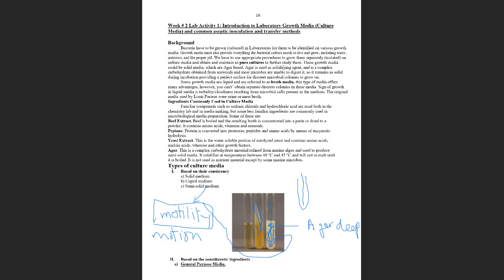It will only be restricted to that little area around the stab. But if it is motile, it will spread through the whole deep and grow everywhere. Okay, so semi-solid media are used to study bacterial motility. Did you write this down? Semi-solid media are good to study bacterial motility.